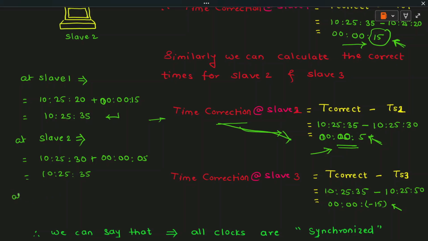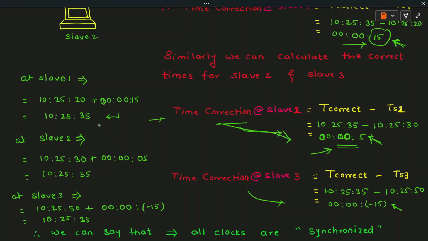And at slave 3 the corrected time is going to be: the earlier time was 10 hours 25 minutes 50 seconds. Now we need to add the correction factor, that is 0 hours 0 minutes and minus 15 seconds. If we do the calculation, then it will be 10 hours 25 minutes and 35 seconds.